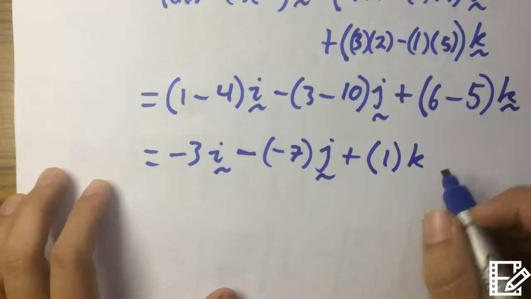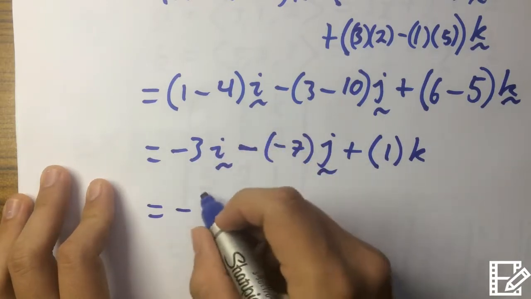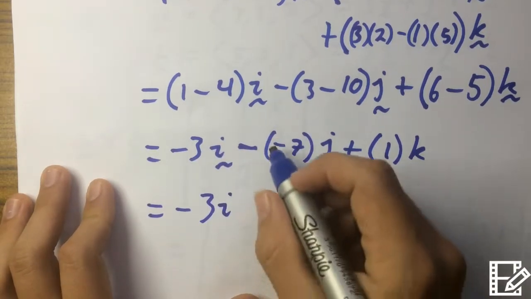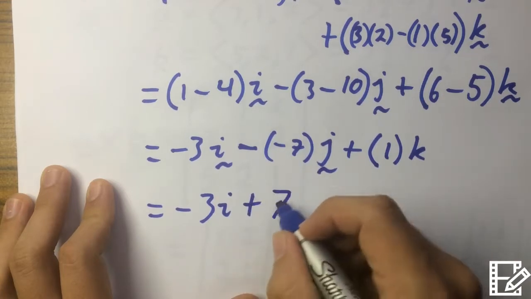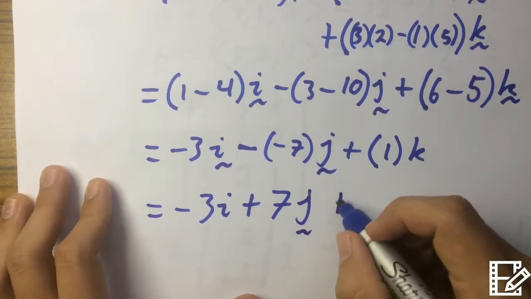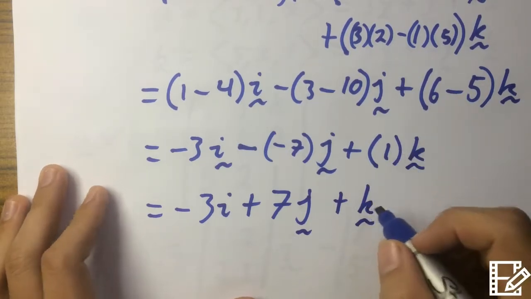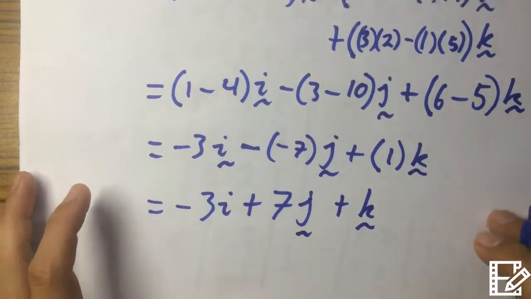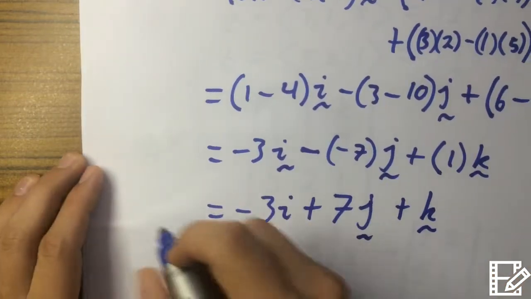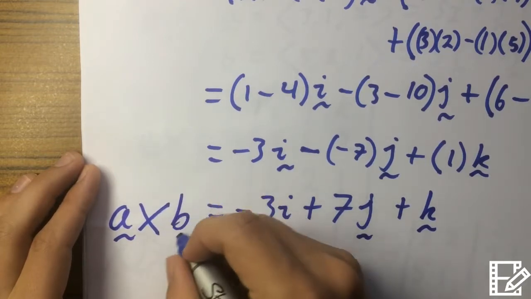So here you have 3 in the negative I direction. Negative and negative makes positive, so now you have 7 in the positive J direction. And you just have a K here, because it's 1 times K, so you're going 1 in the positive K direction. And that there is the answer to A cross B.